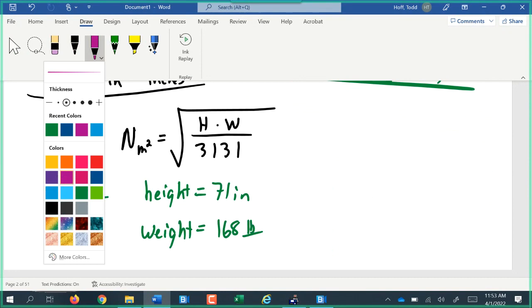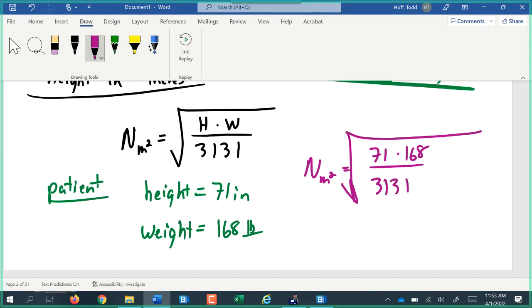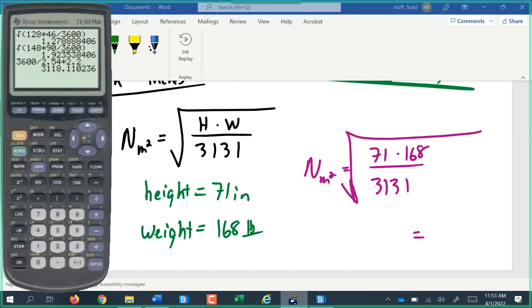So their body surface area in meters squared will be the square root of 71 times 168 over 3,131. So again, in the calculator, it's just square root 71 times 168 divided by 3,131. We close our parentheses, and we get 1.95.